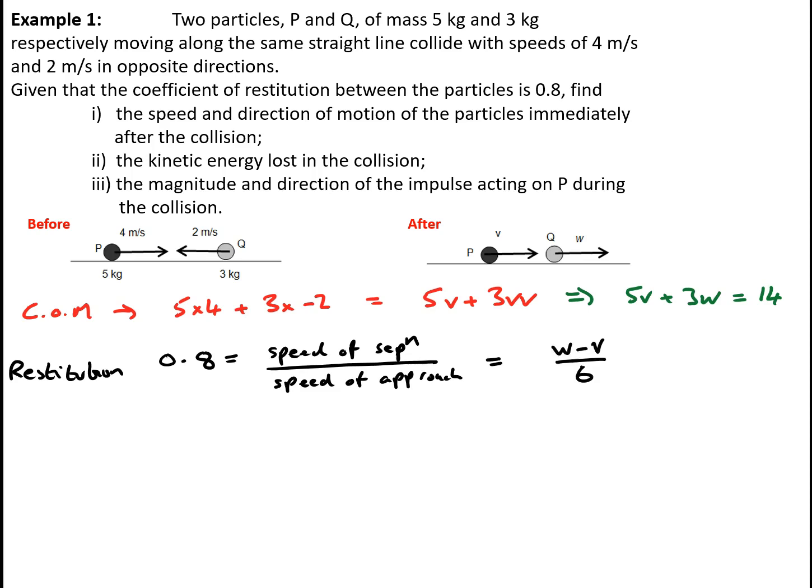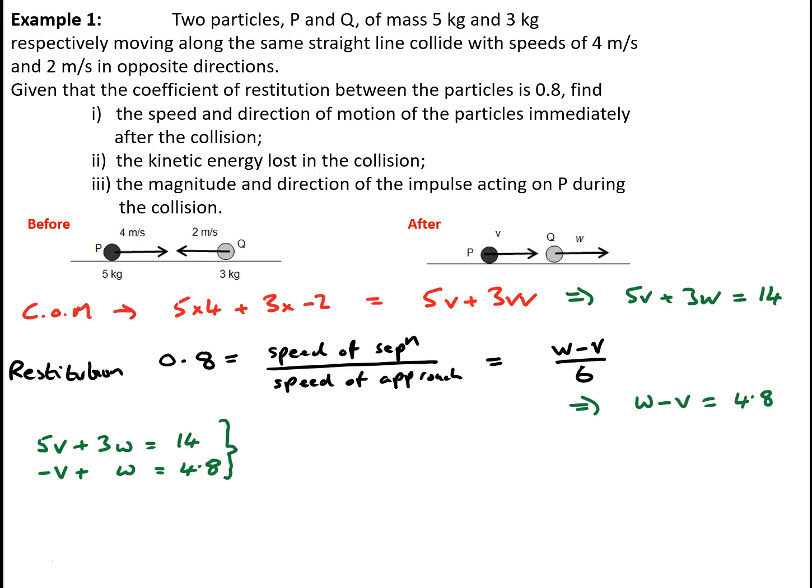The speed of separation after the collision is W minus V. So we've got W minus V must equal 4.8. So we have a pair of simultaneous equations, 5V plus 3W equals 14, minus V plus W equals 4.8.